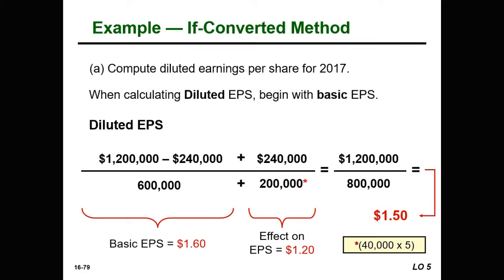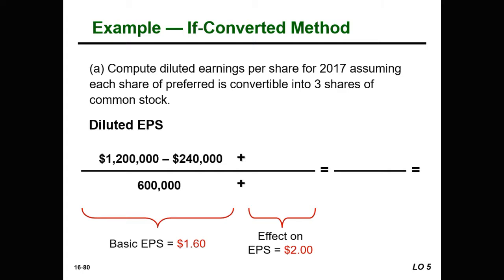So let's look at the same situation. If the preferred stock was convertible into 3 shares of common stock, we'd still add back the $240,000 because the dividend rate was no different.